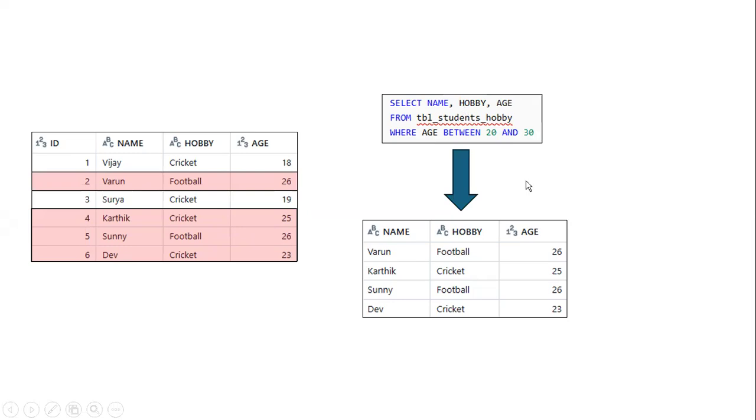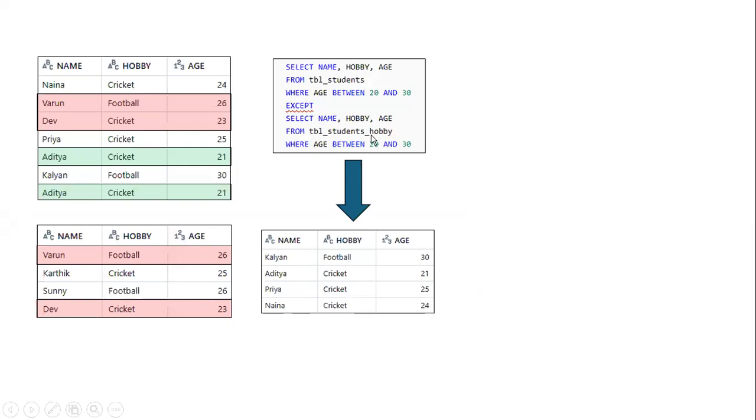Next, using these two results, this is my first table result, or you can say first query result, and this is my second query result. And using these two, I'm using except here. If I use except, what will happen? First, it will check for common records between these two tables.